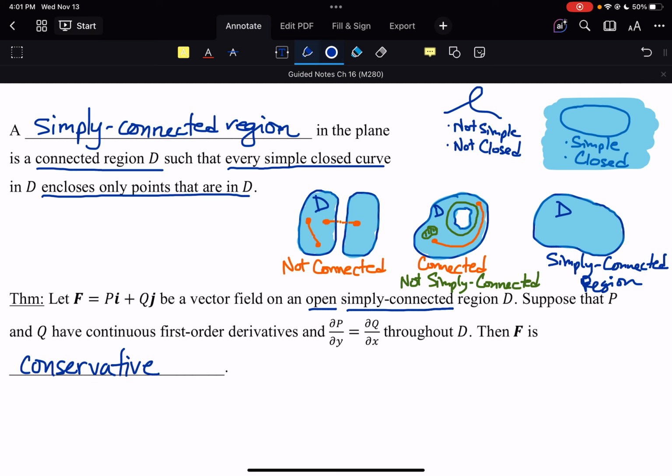So this is the reverse direction of that theorem. And again, notice that it only works on open, simply connected regions.